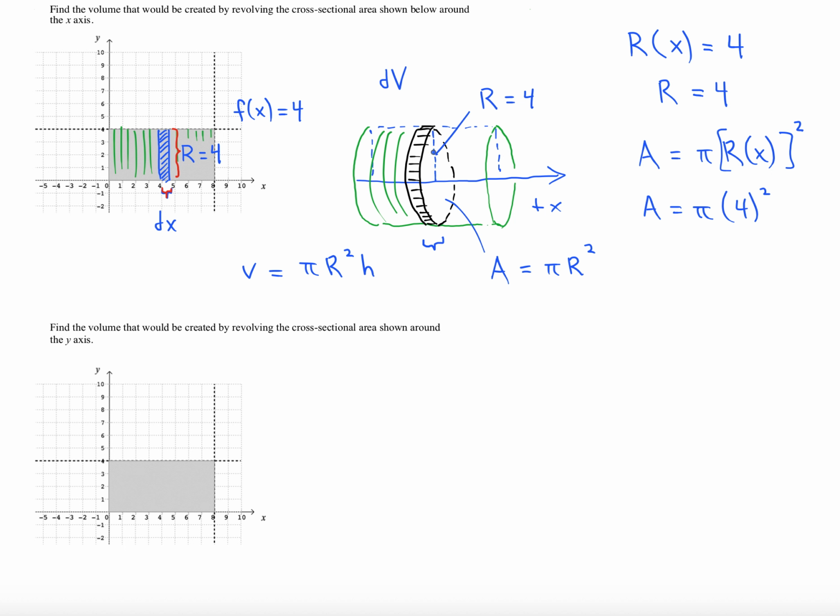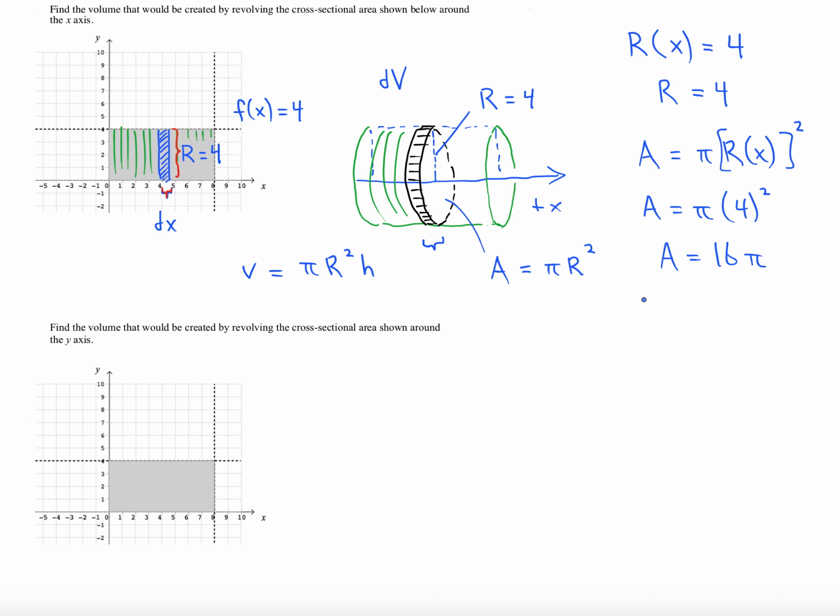So here, every slice of the cylinder is going to have the same surface area. It's going to be 16 pi. Now we're going to take that volume formula and build from 2 dimensions up to 3 dimensions.